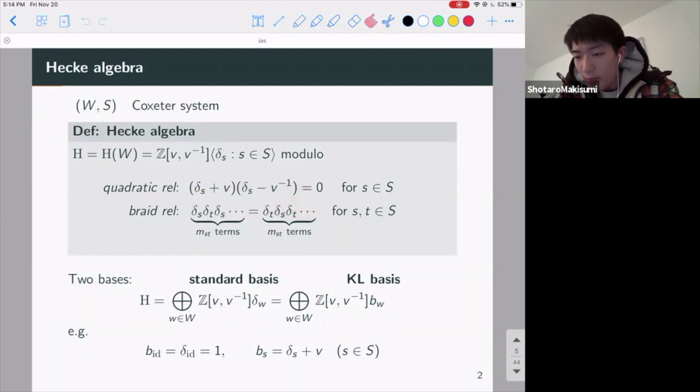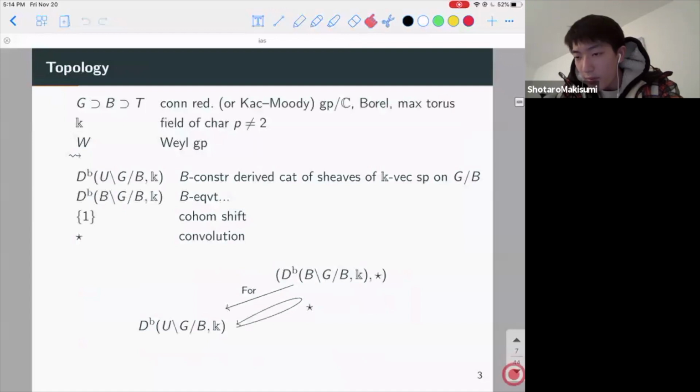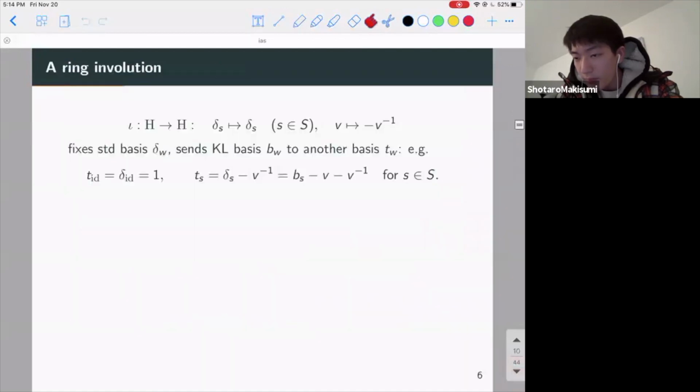So that means that if I fix the delta_s's, the generators, but send v to -v^{-1}, then that defines a ring map, and in fact a ring involution of the Hecke algebra. And this ring involution fixes the standard basis, but not the Kazhdan-Lusztig basis. So this is not the Kazhdan-Lusztig involution, for example.